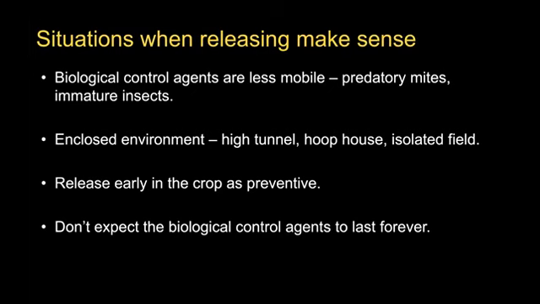Or your crop is in an enclosed environment, such as high tunnels, hoop house, greenhouse or isolated field, which can enclose these biological control agents, and they would be limited inside and not run away. Or if you would like to use these agents as a preventive measure, if you have a pest that you're expecting on your crop. But we cannot expect these biocontrol agents to last forever because they highly depend on the pest, right? Once the pest population goes down in the crop, so does their population.